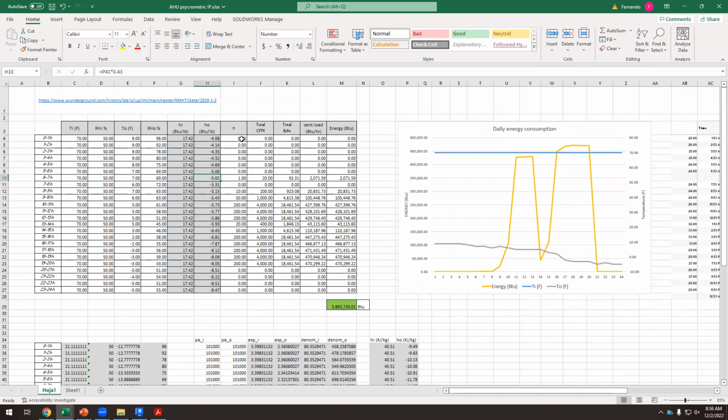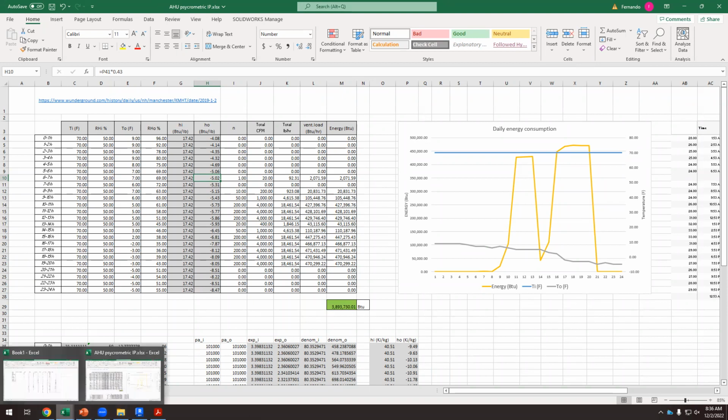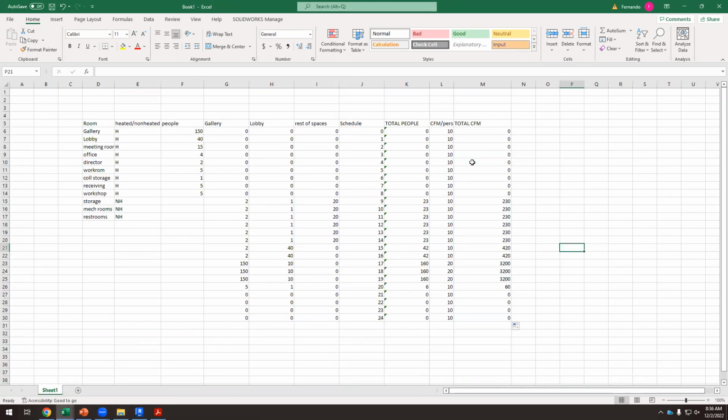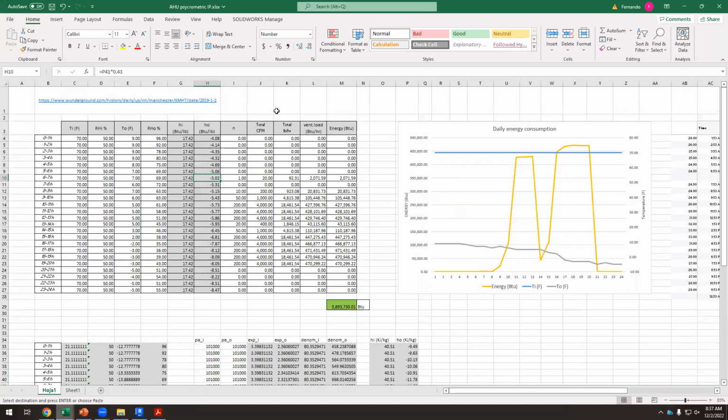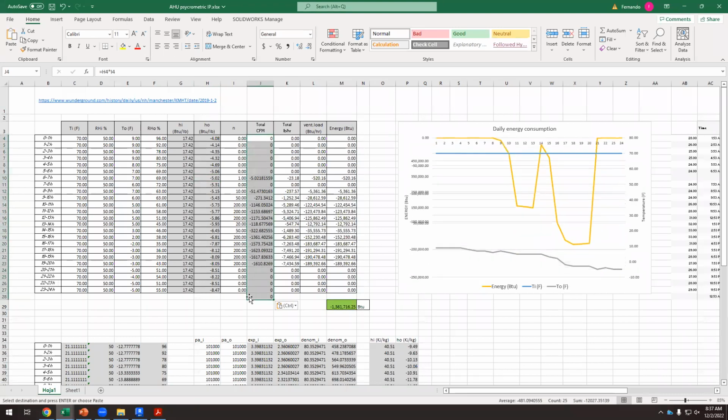So if I copy, well, this, Control C, then I copy all these values here where the total CFM are, Control V.